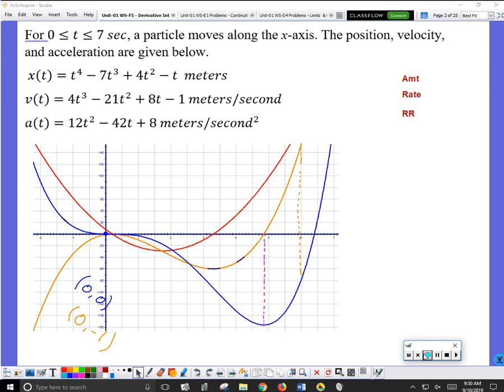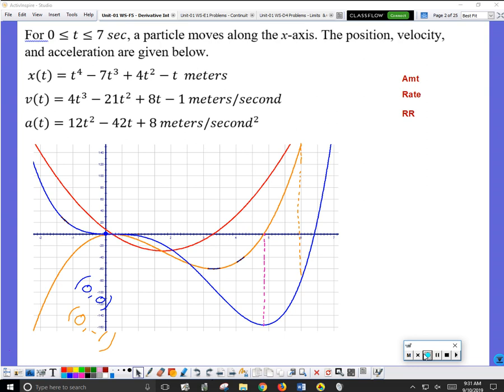When I say window, the y values are hard to figure out in a lot of problems, but in many problems the x values are easy. So what I always do is choose your x min and x max, and then zoom 0. There we go.